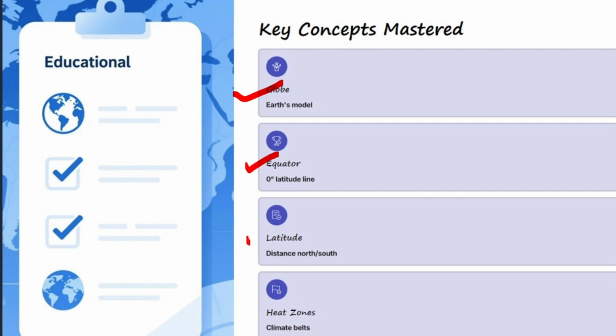We came across the true importance and meaning of latitude, and that we can measure the distance between north and south using latitude. Lastly, we came across the heat zones, how latitudes help us identify different heat zones, and how latitude affects the climate and seasons.